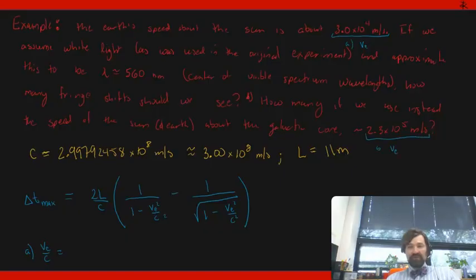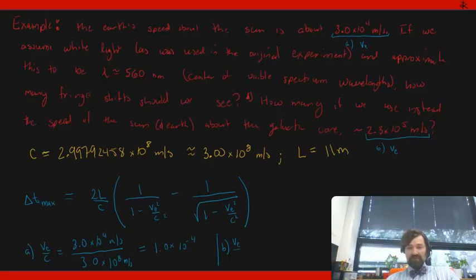So what we have is 3.0 times 10 to the 4th meters per second divided by 3.0 times 10 to the 8 meters per second. That ends up basically just being 1 times 10 to the minus 4, and there's no units because the units cancel out. For part B, you get a slightly larger number.